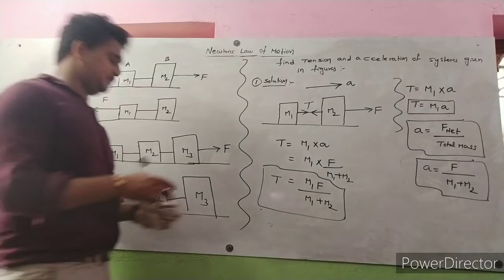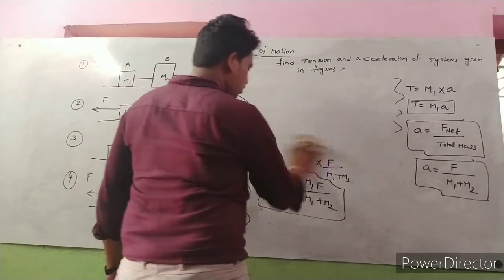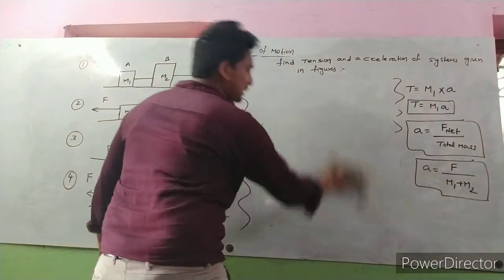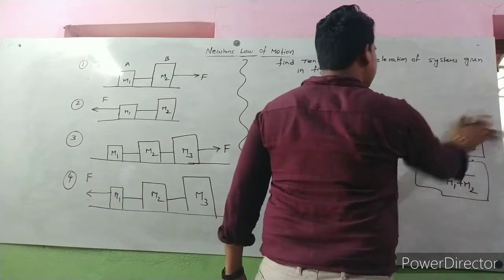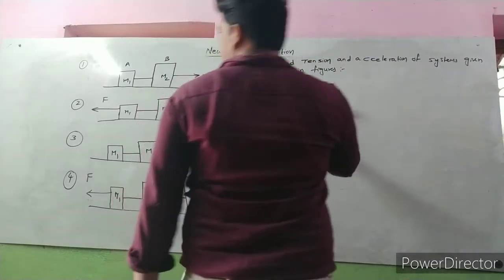Next, the second question. How to solve the second question? What is the trick here? Backward mass into acceleration, that is the trick.